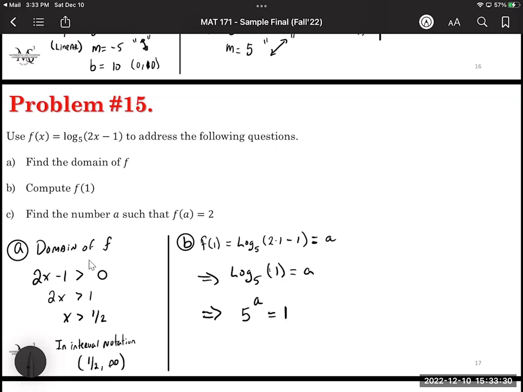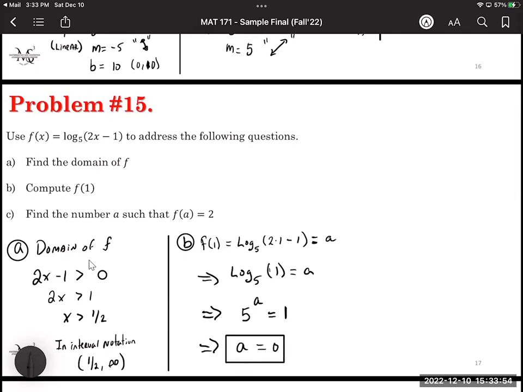Now let's think about it. If you have a base raised to some power, and you're getting back that the answer is 1, and of course your base is not 1, your base here is 5, then what does that tell you about the value of A? A must be equal to 0.